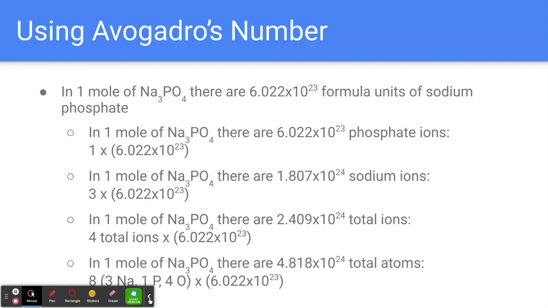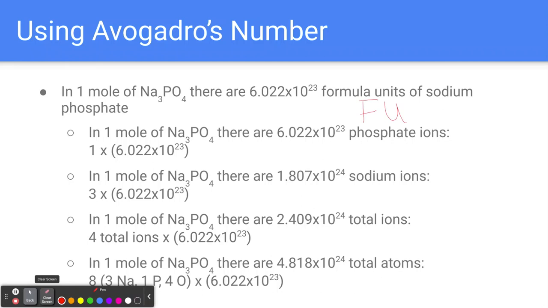We can also think about this in the case of ions or atoms. So if we have something like sodium phosphate, Na3PO4, in 1 mole of sodium phosphate, there would be what we call 6.022 times 10 to the 23rd formula units. And you might see me abbreviate formula units as FU.